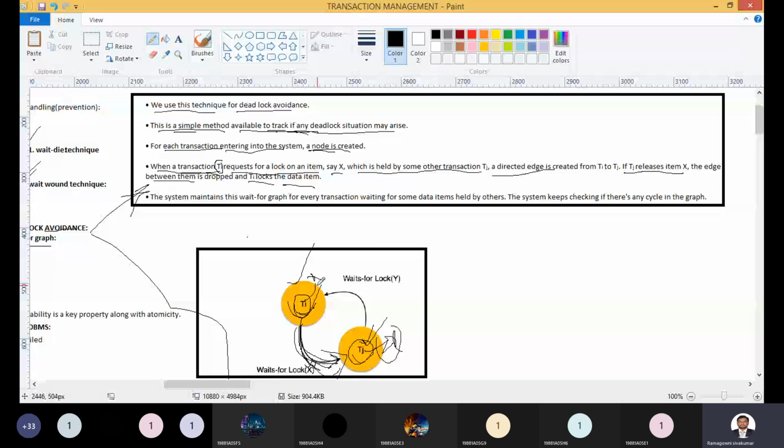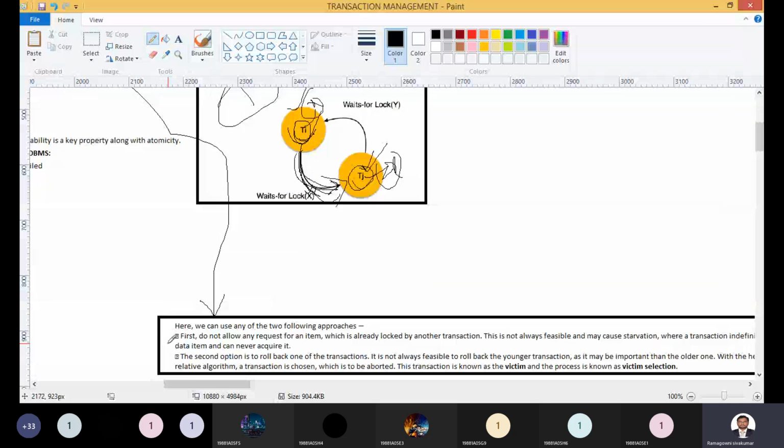We have two approaches here, the first approach and the second approach. We can use either of the two approaches.